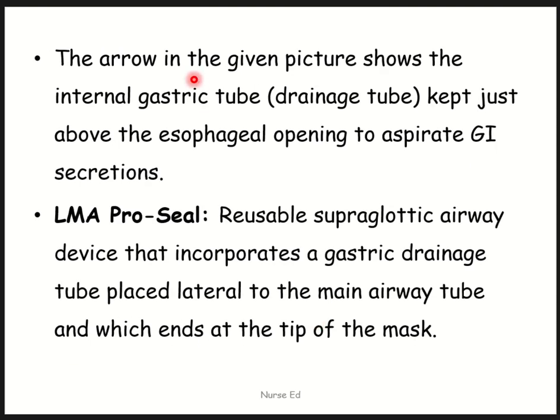The reason is the arrow in that picture is showing an internal gastric tube or the drainage tube, which is the advanced form of an LMA. That's an LMA pro-seal type, which actually helps to aspirate the GI secretion. So in the pro-seal type, you can consider it as a reusable supraglottic airway device which incorporates a gastric drainage tube placed lateral to the main airway tube and it ends at the tip of the mask.